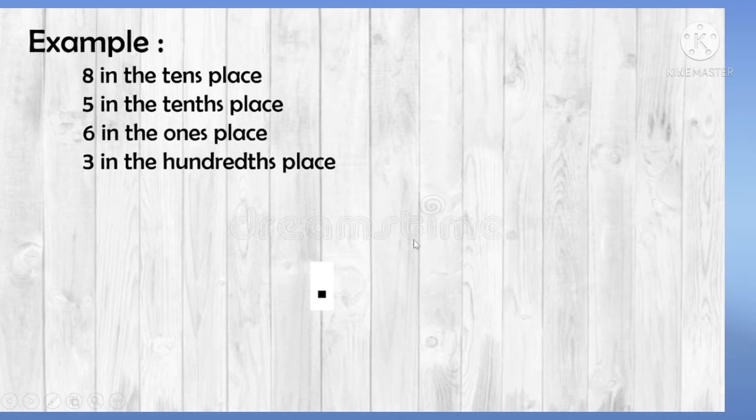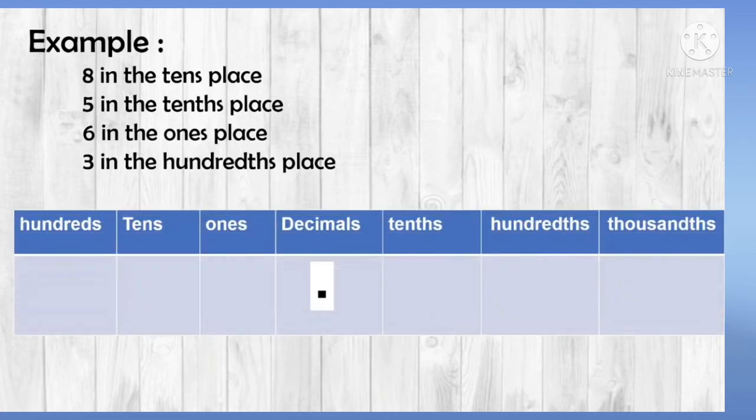Para hindi ka malito, gumawa ka ng table. Isulat mo yung place value. Okay? Ayan. So, sinulat natin yung place value from left to right. Nasa gitna yung decimal. Yung number na before the decimal, we have ones, tens, and hundreds.